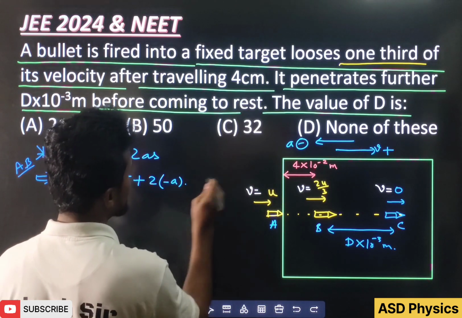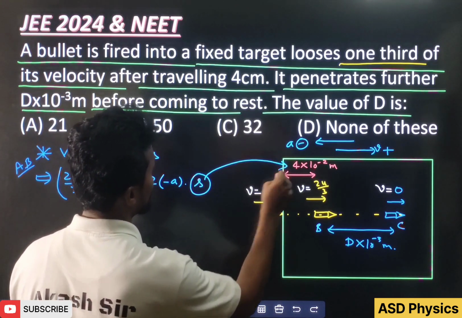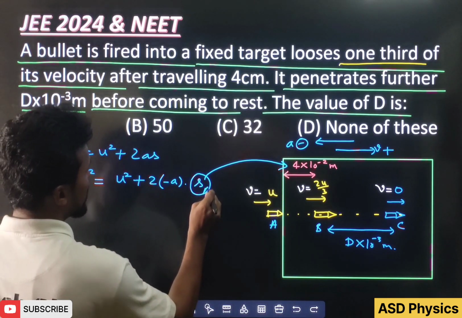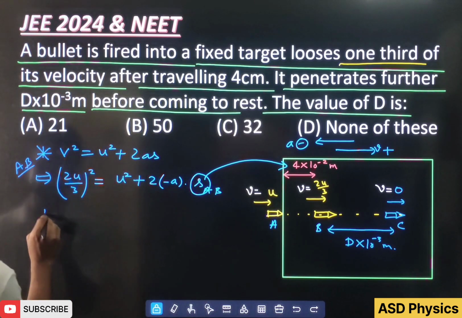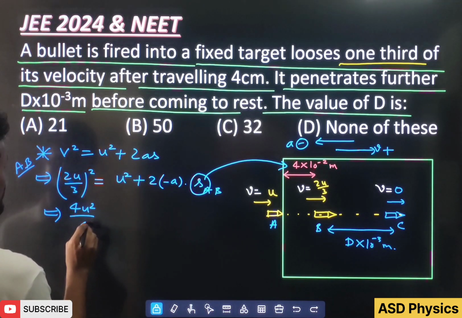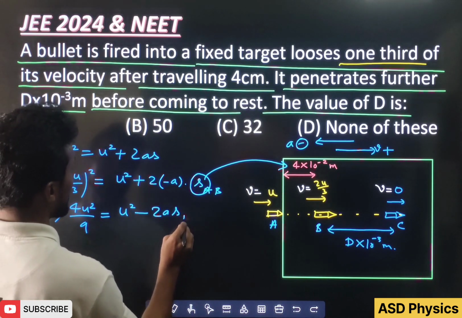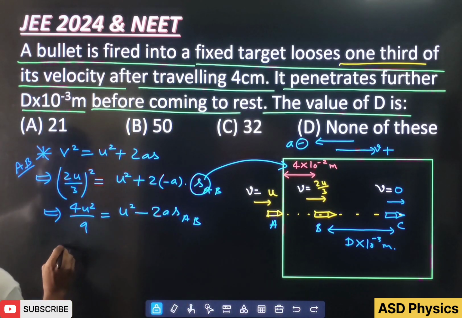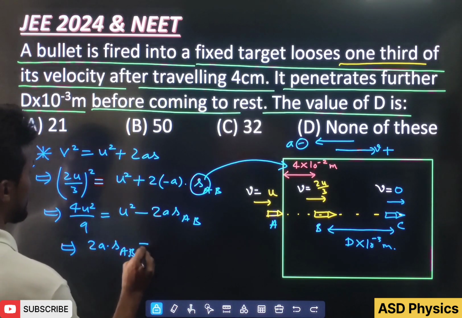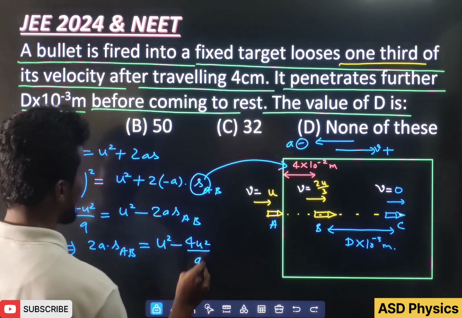I will keep s as it is and put its value later; you can write it as AB also. So this becomes 4U square by 9 is equal to U square minus 2a SAB. So we can write 2a into SAB is equal to U square minus 4U square by 9.